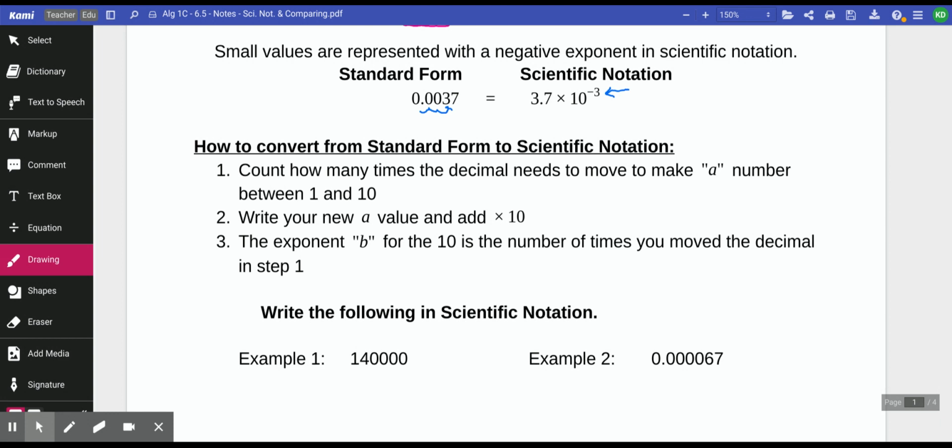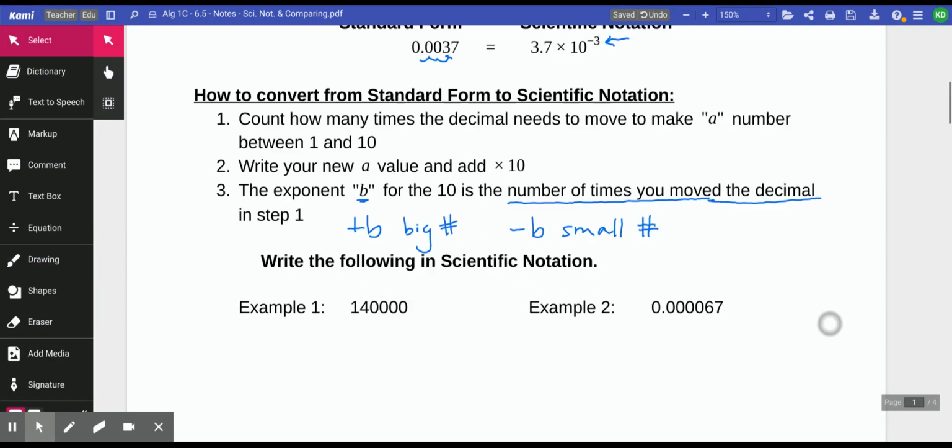Okay, so that little cross, 10. And then we're going to figure out what our exponent is. So our exponent B is the number of times you moved the decimal. Okay, and it's going to be positive for a big number, right? And it's going to be negative for a small number. So that's how you can remember if it's positive or negative. And you can always look back at these examples in your notes if you have any questions.